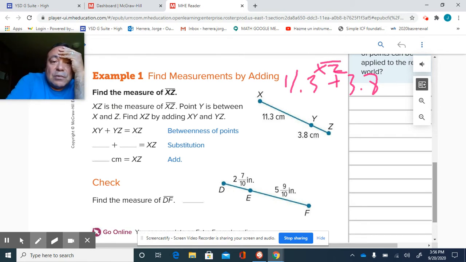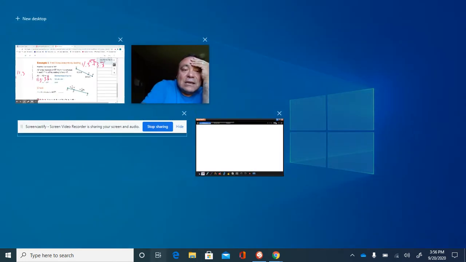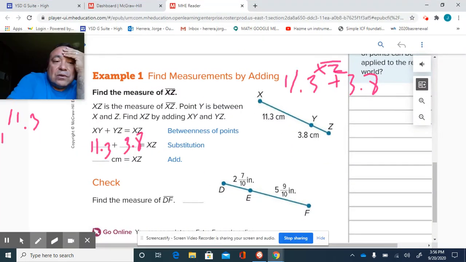So I'm going to go here, okay, I got this puppy: 11.3 plus 3.8, and that will give us xz. So you grab 11.3 and 3.8, and you're going to add.